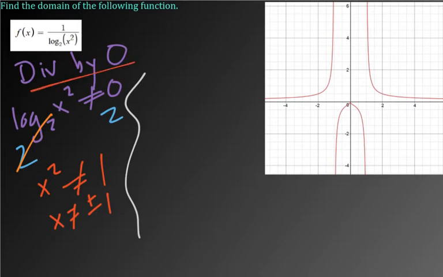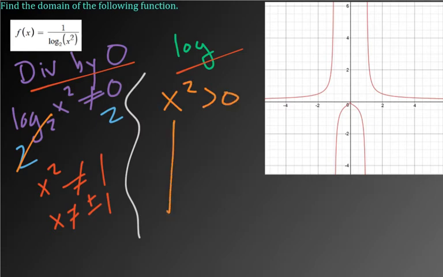And then we also have a log. And so we're going to have to deal with the inside of the log. So we know that for log functions, the inside just needs to be greater than 0. I think this was actually even in our last video. If you have an x squared like that, right?